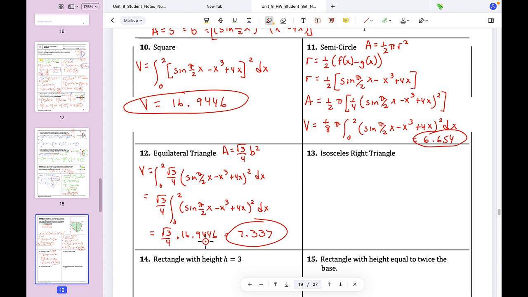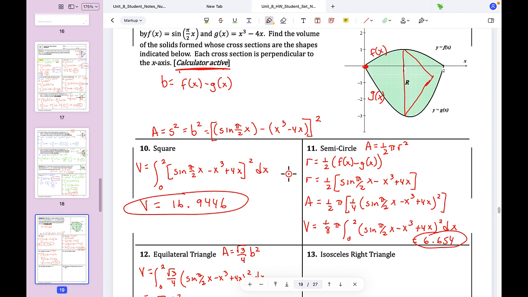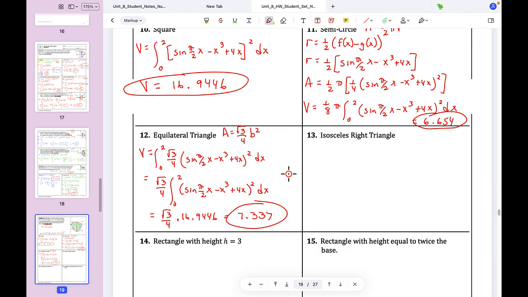Okay, isosceles right triangle. So we're just doing the same thing over and over again, right? Isosceles right triangle, the area for that is area equals 1/2 base squared. Okay, so here we get the same thing. So the volume equals integral from 0 to 2.